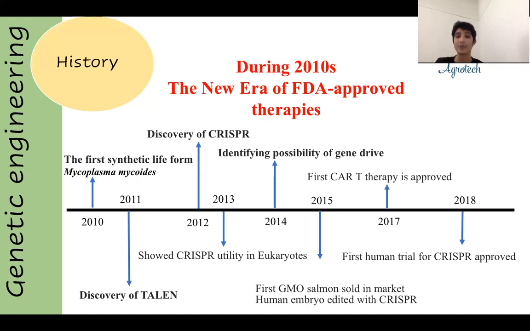This is called CAR-T therapy. And the first GMO salmon was sold in the market, a human embryo was edited with CRISPR, and the first human trial for CRISPR was approved. This is the era after the 20s, up to 2020.